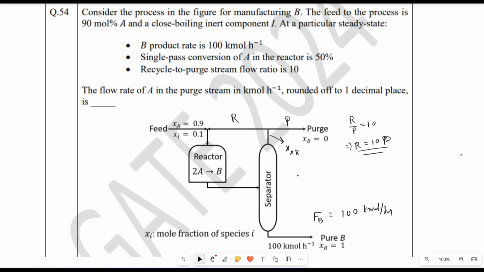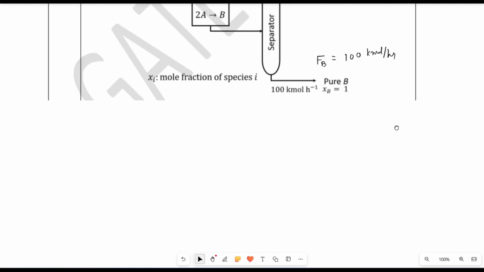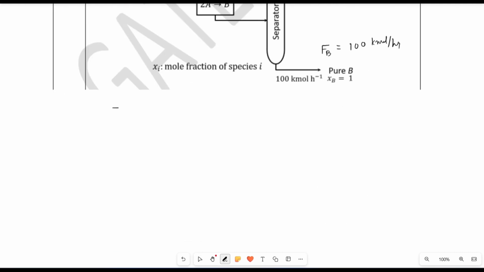Whenever there is inert, we will do the inert balance. Inert does not participate in the reaction. Whenever there is inert in the system, do the inert balance.